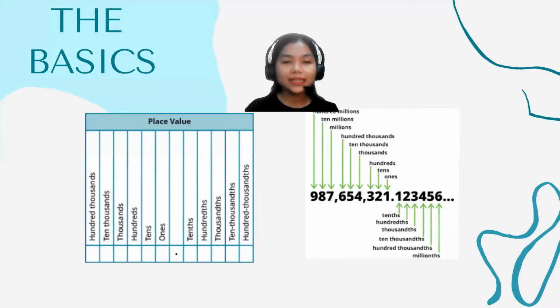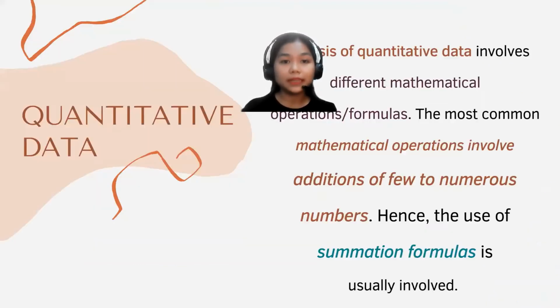And another thing is that you are actually required to round off up to the nearest thousands, or the nearest 10,000s, or the nearest tens or hundreds. So if you do not have any idea on this place value, then it would be hard for you to derive the accurate solution for a specific problem set.